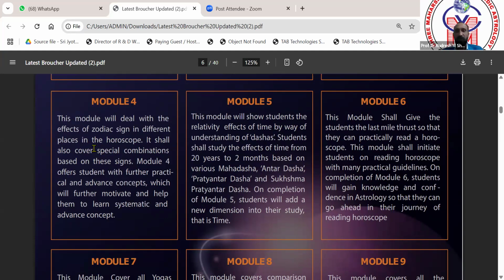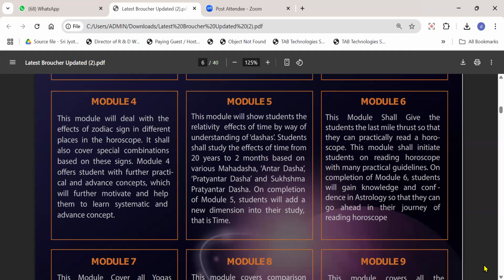And your module five consists of the dasha system, where you will be able to understand what is Mahadasha, what is Antardasha, what is Pratyantar Dasha, and what is the Sukshma Dasha, right? And module six is totally based on the positivity and the negativity of the particular planet, and also on every lagna, how the particular house is giving the positive and the negative results, right?